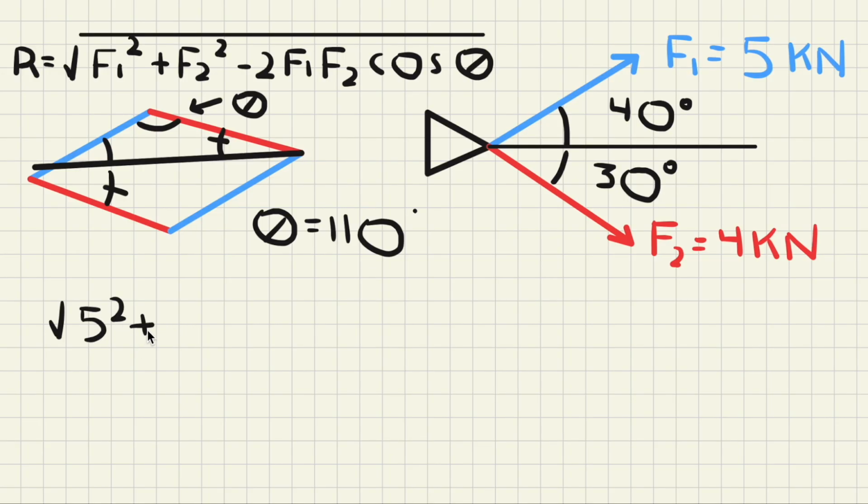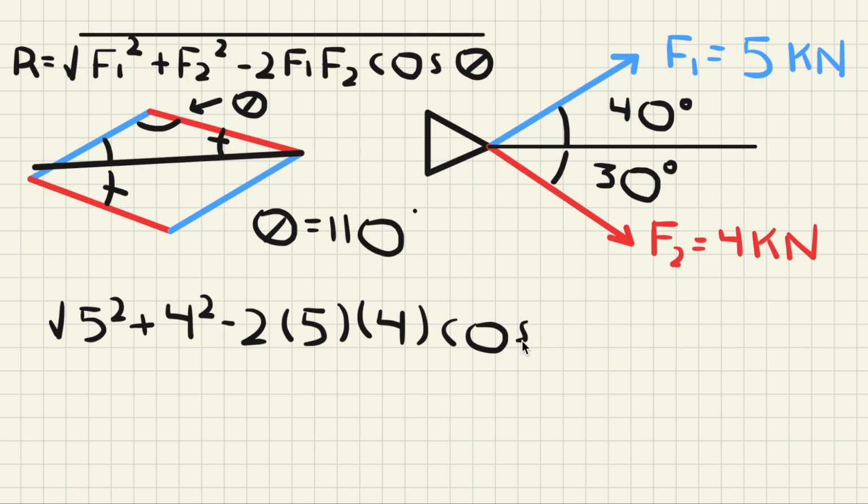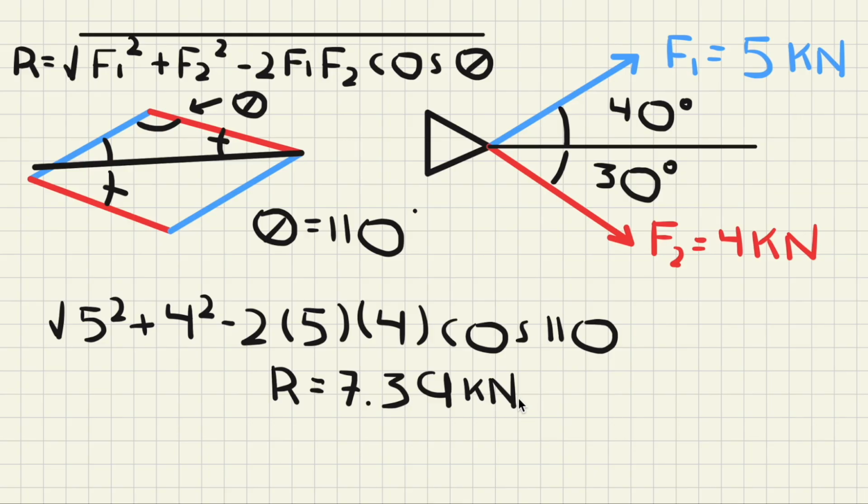F2 is going to be 4, squared, minus 2 F1 F2 cosine of 110. And that is going to give us a resultant of 7.39 kilonewtons. So that is the magnitude of our resultant force.